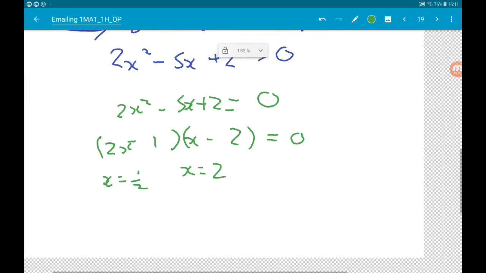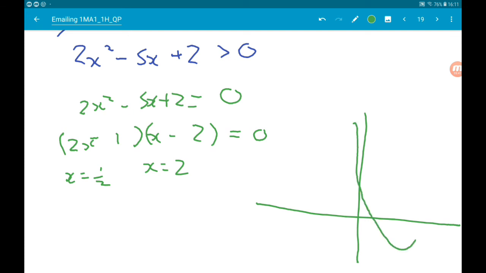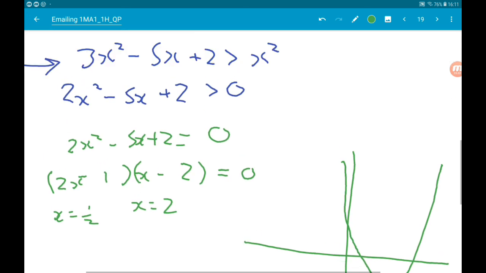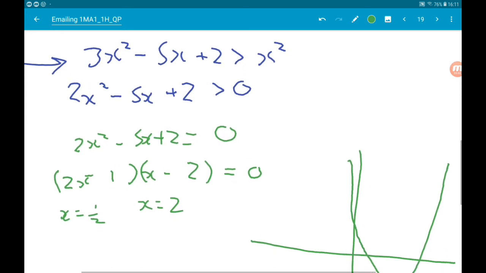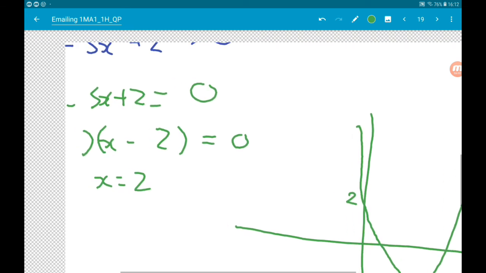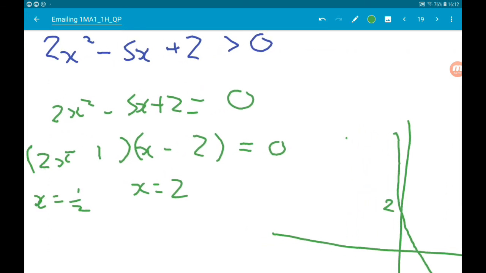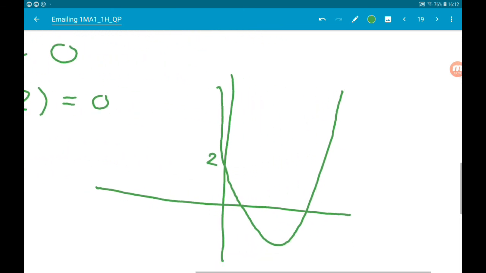Okay, so that now tells us that the graph is going to look something like that. Now, it's good practice as well. We also know the y-intercept is 2. Not really important, but like I say, good practice. So we know the x values are 1/2 and 2.